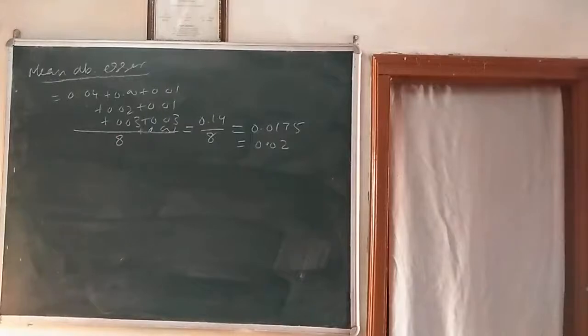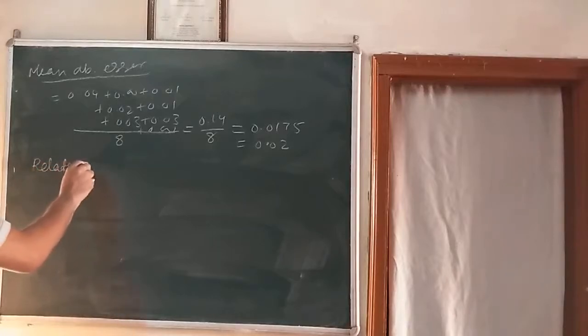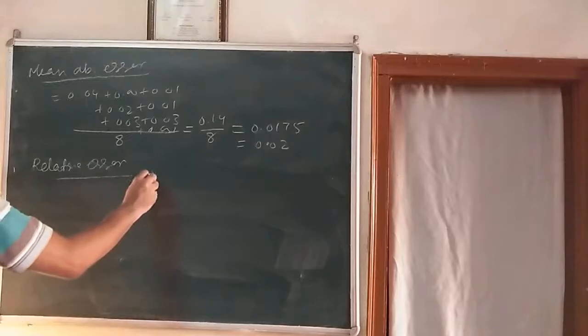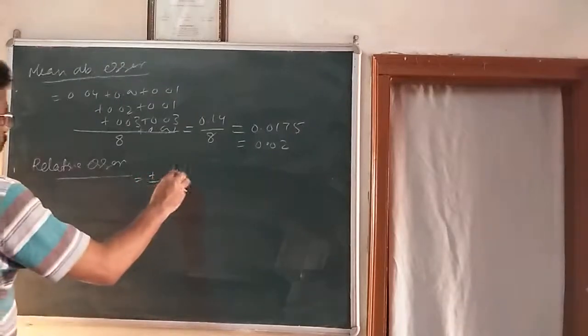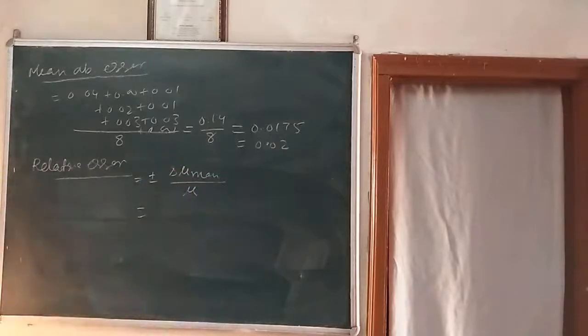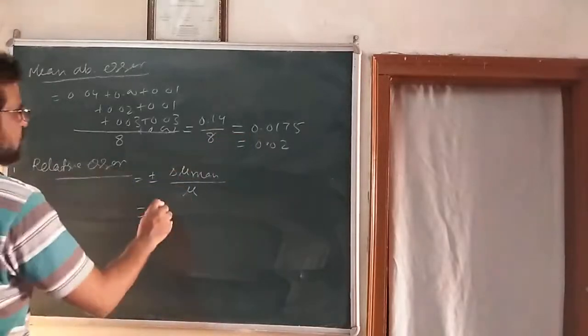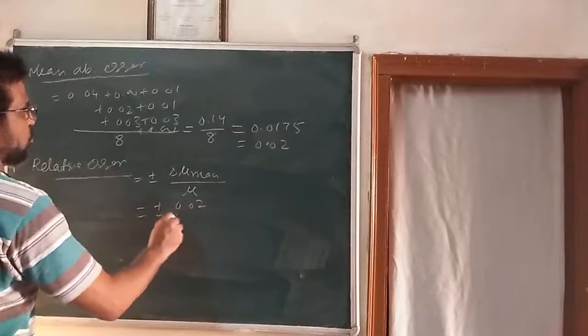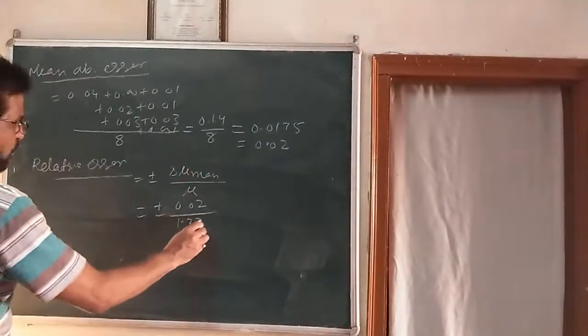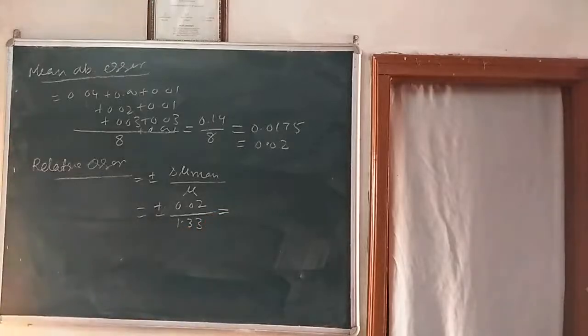Now, in the next part, what is relative error? Our formula is plus minus delta of mu mean divided by mu. The values I know: this is plus minus 0.02, and the actual value is 1.33. 0.02 divided by 1.33.